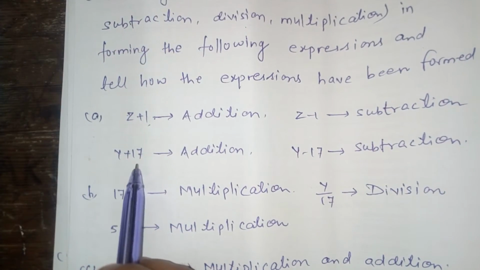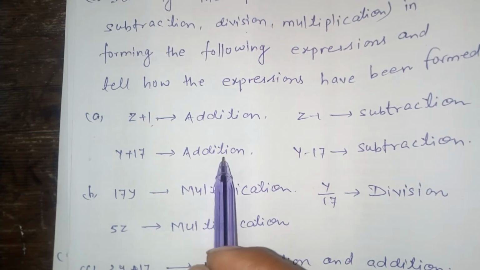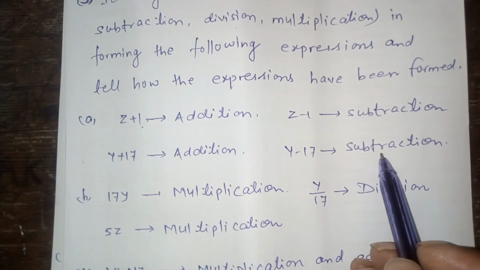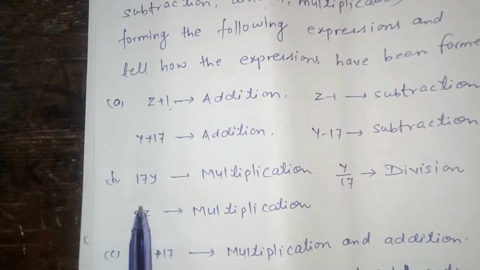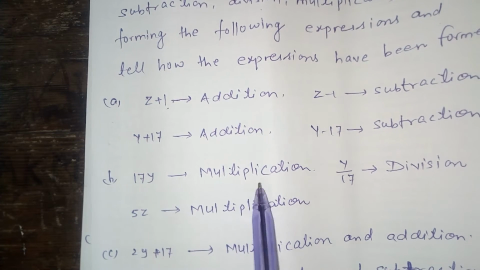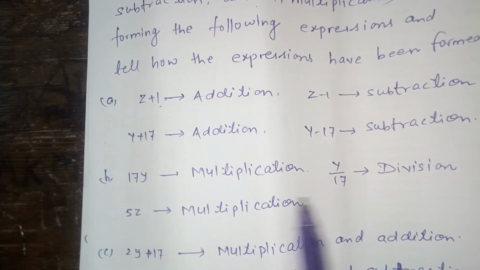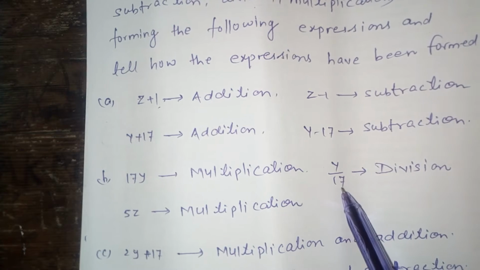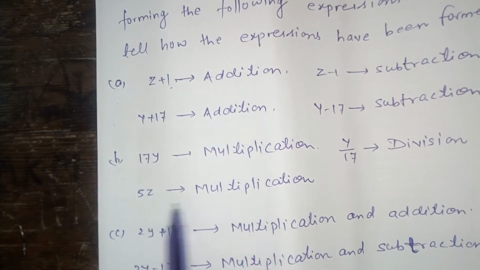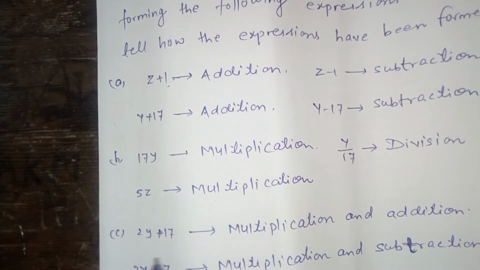In y plus 17 the operation is addition. In y minus 17 the operation is subtraction. In 17y the operation is multiplication. In y upon 17 the operation is division. In 5z the operation is multiplication.